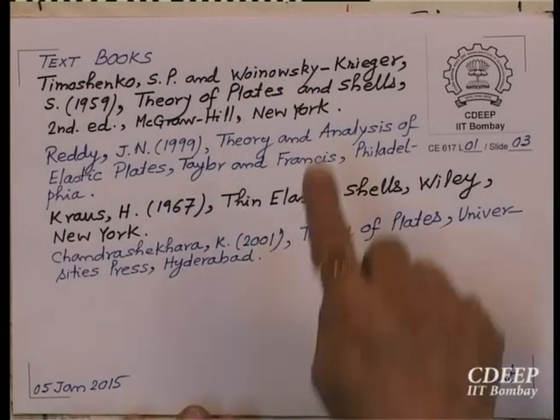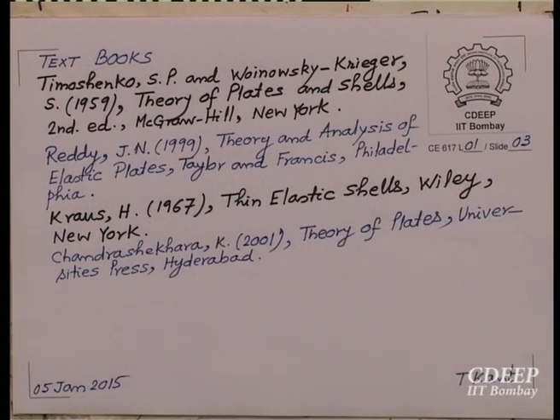Then another book that came. And see, the Timoshenko book, in modern times I will not say it is a very well written book. It has a lot of material, and hard work has gone into compiling it, but as a textbook it becomes difficult.